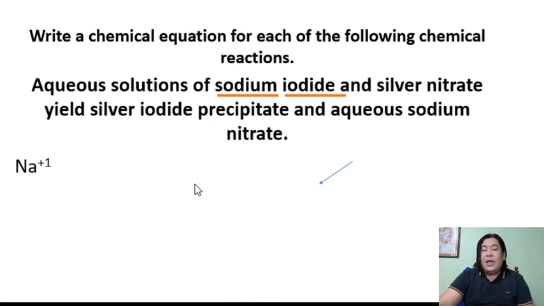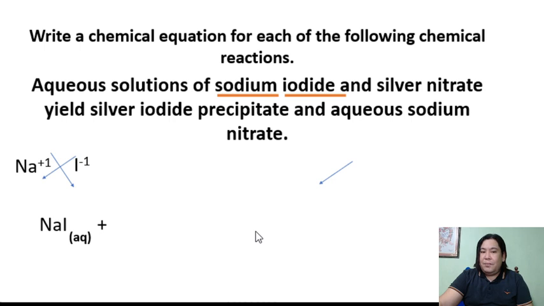Then iodide is iodine. Okay, so the symbol for the iodine ion is I-1, and then crisscross, since they have the same number, okay, these are cancelled out, and you will get the final formula of NaI for sodium iodide, and followed by the word and.